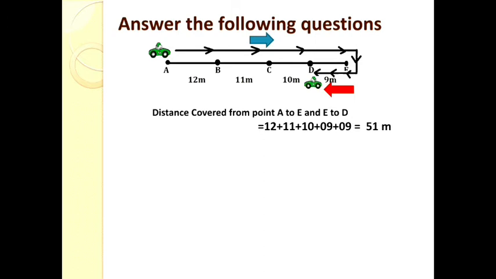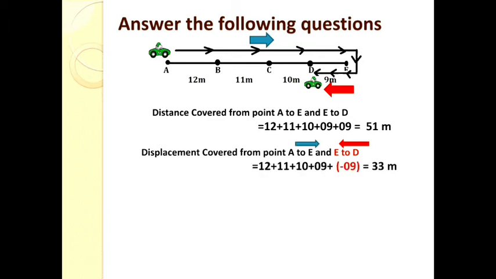Now let's try to find out the total displacement. See, while moving from point A to E, the car has not changed direction, but while moving from E to D, the car has moved in the opposite direction.